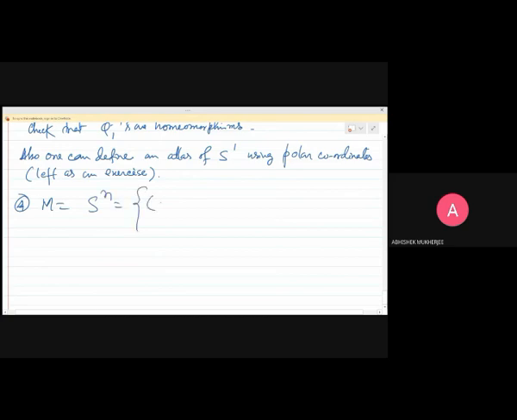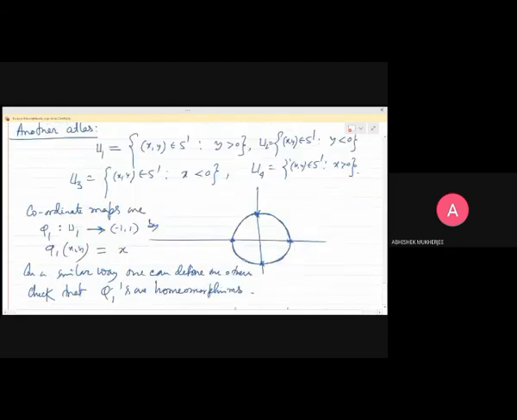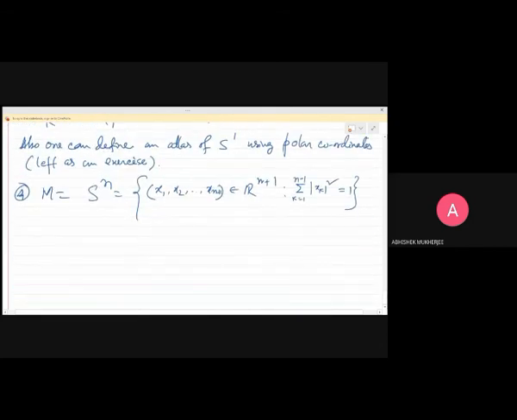Sn means the set of points in R to the power n plus 1 such that the sum of squares, k equal to 1 to n plus 1, is 1. So the n-dimensional unit sphere Sn, using the similar construction of coordinate charts and their associated maps that we have already discussed for S1, can be extended to this case, and one may have the result that Sn will be a topological n-manifold.